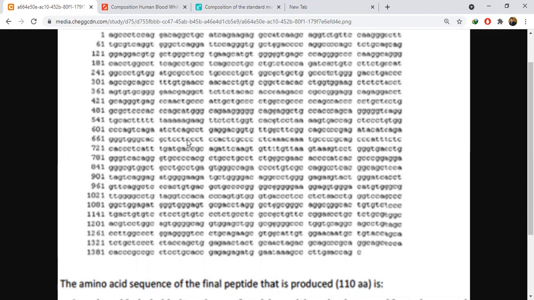It is the insulin gene in this world at the moment whose nitrogen base sequence has been completely found. That's why I selected the insulin gene.